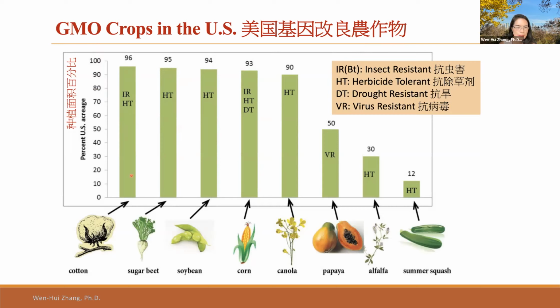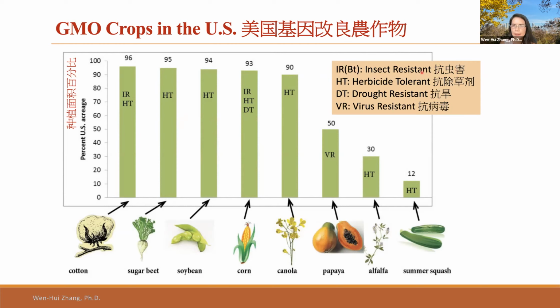Most of you see here: cotton, sugar beet, soybean, corn, canola, papaya, alfalfa, and summer squash. The top 5 are commercial crops, mostly for food processing, not for direct consumption. They're usually used as food ingredients or animal feed.